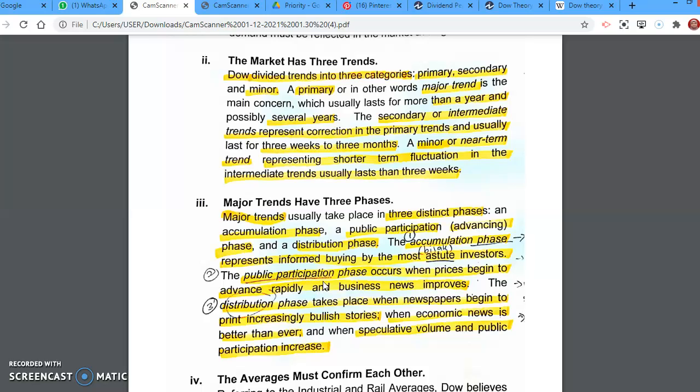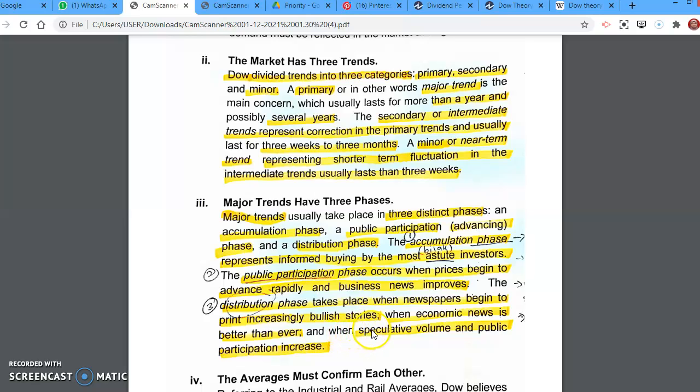Active participation from all the investors kan. Right? So, akhirnya pada fasa ketiga, when economics news is kita katakan better, right? Mulalah speculator akan masuk, right? Akan takes in dan cuba grab all the opportunities.